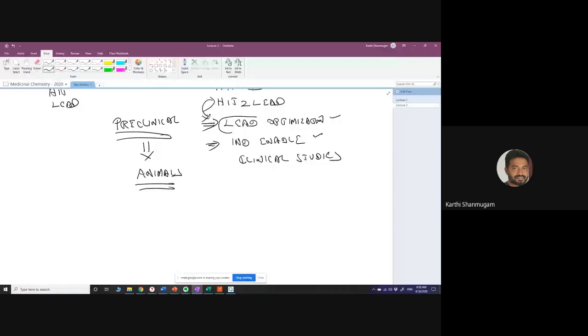Once the molecule is very safe and has good efficacy in animals, we take that molecule further to humans. The first stage is called the preclinical study. Once the molecule is successful in preclinical study, we can take it to the human system and carry out the clinical studies.